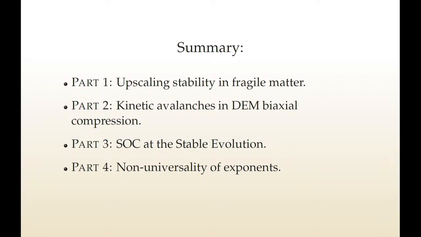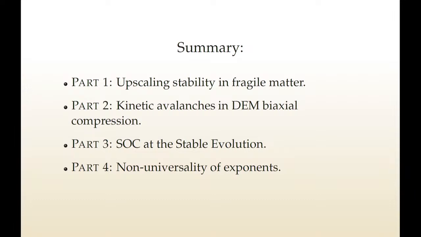In the third part, I will talk about one specific result: we found criticality in a kind of stable evolution state that I will explain in a moment. And in the fourth part, I will go to the global aspects and talk about how we found this non-universality of exponents that I will find here in part 3.